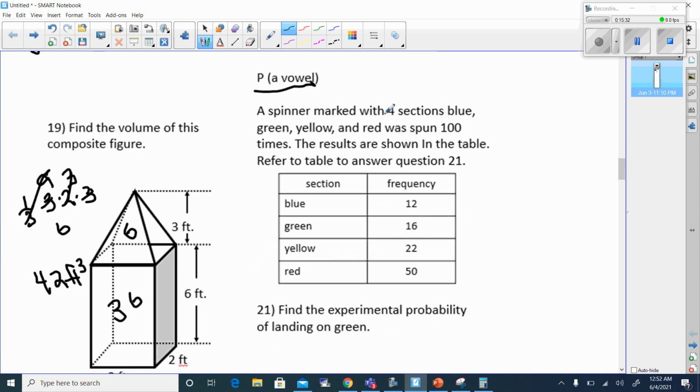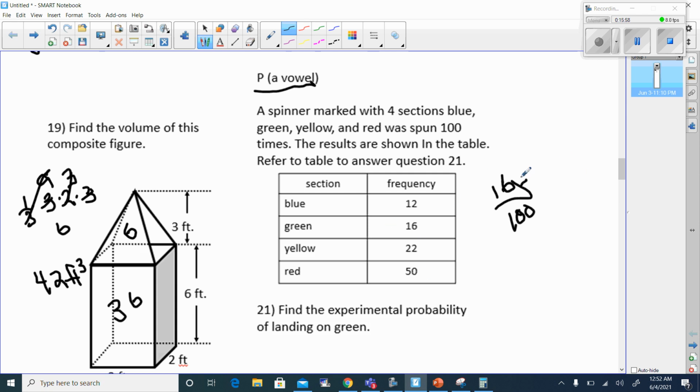The spinner marked with 4 sections, blue, green, yellow, and red, was spun 100 times. These are the results. Find the experimental probability of landing on green. Green was 16. That's 16 out of 100 spins. Remember, experimental probability is what did happen.